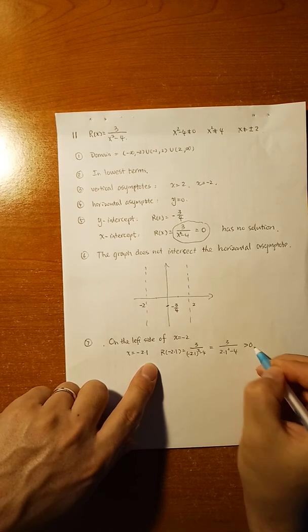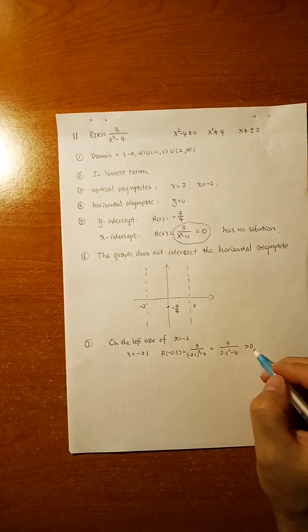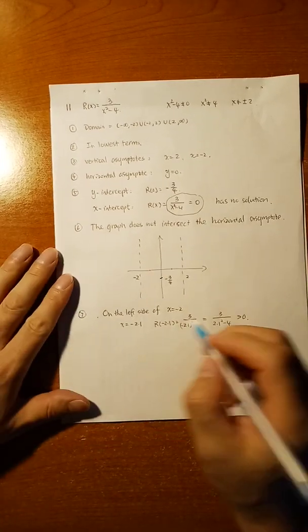So it's 3 over a positive number close to 0, and the sign is positive.